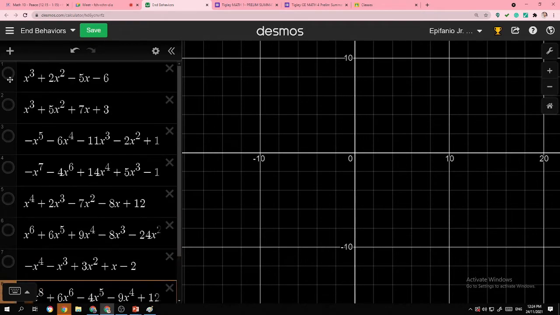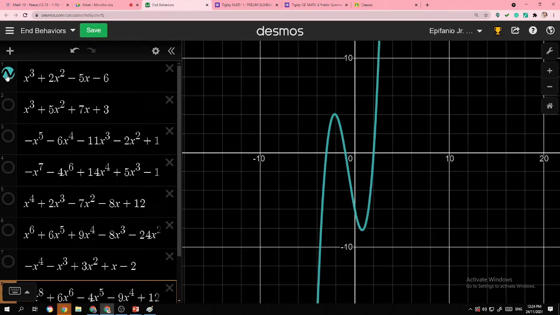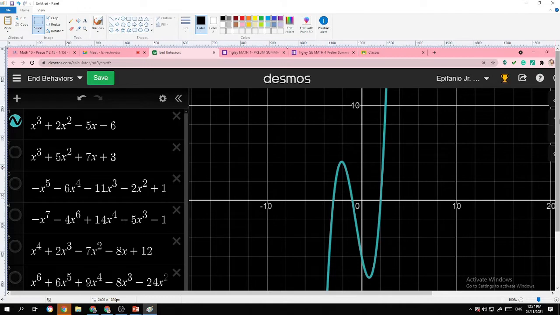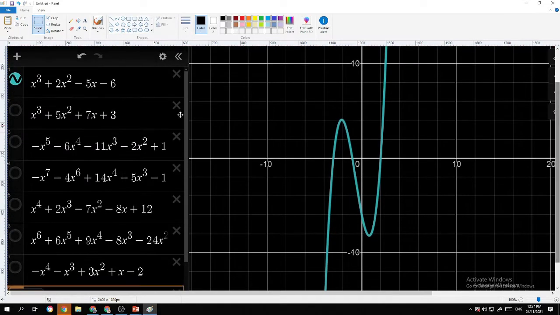Now, let me show you the graph of number 1. And let's take a screenshot, because we will be having this in here. Okay, let's just focus on one graph over here. The graph of any function extends infinitely.